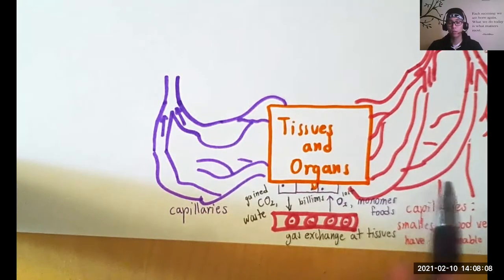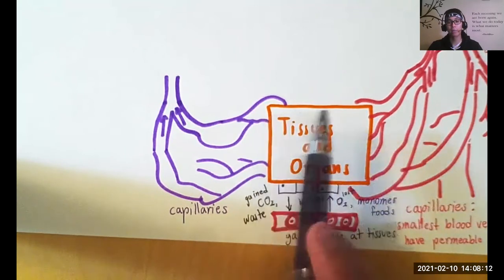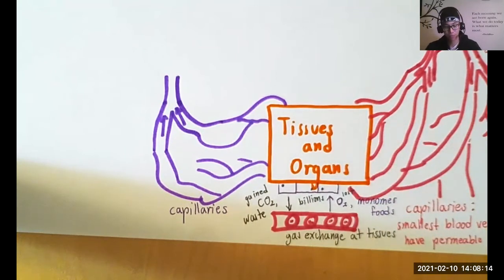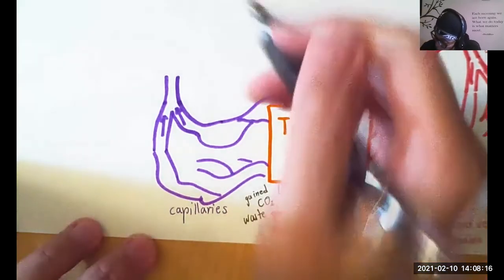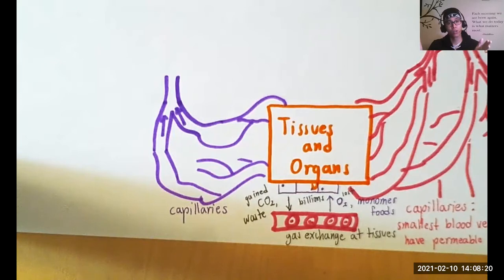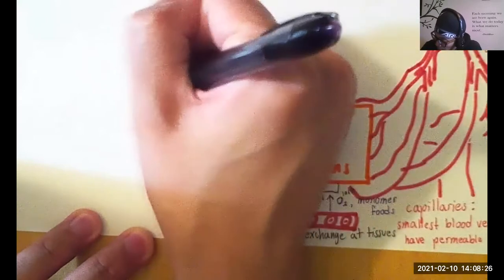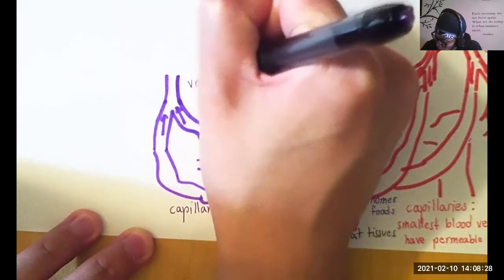Okay, so this tube connects to this tube. They're all the same pipes. When the capillaries form into larger vessels, these are called venules. Let me write these over here.